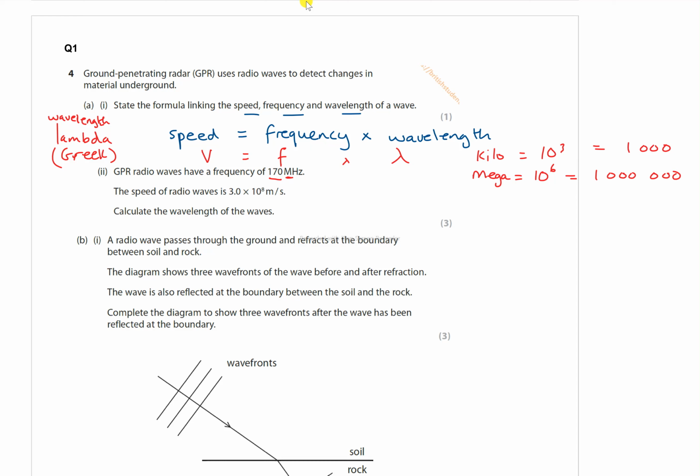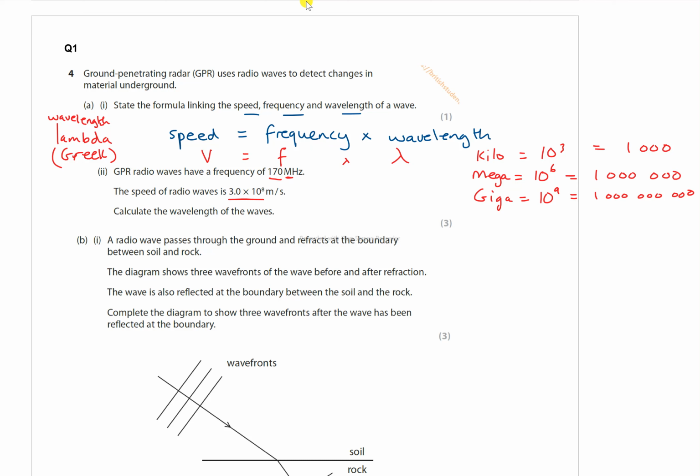Kilo, mega, and you're going to get giga. If you get giga, it will be 10 to the power of 9, so 1 and then 9 zeros. Okay, let's move on.